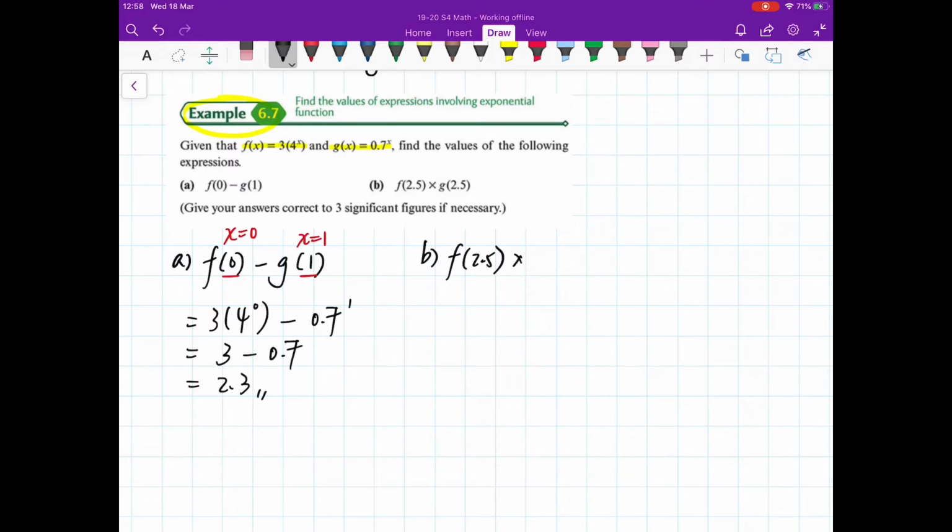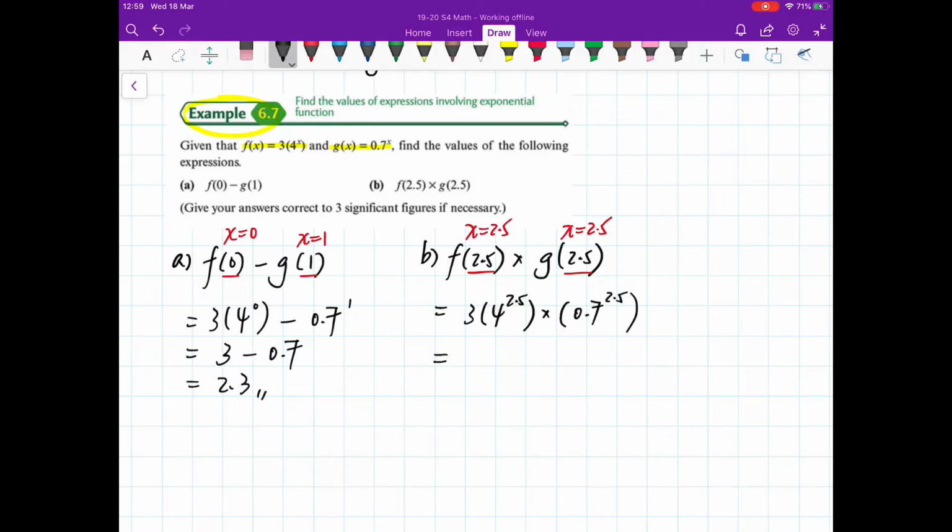Okay, so similarly for part B, it is f(2.5) times g(2.5). Therefore, we identify that for f(x), we have to substitute x equals 2.5, while for g(x), we have to substitute x equals 2.5 again. And then we have to multiply these two numbers. Okay, so 3 times 4 to the power 2.5 times 0.7 to the power 2.5.